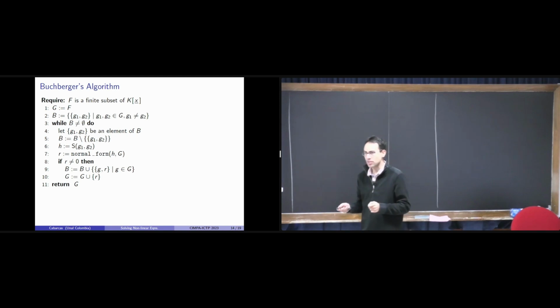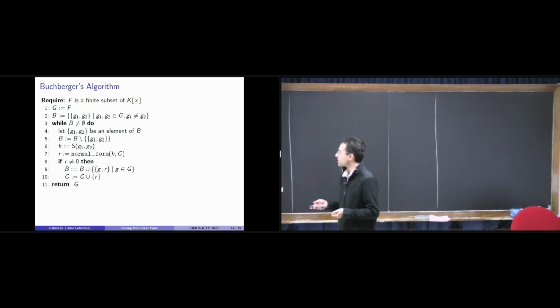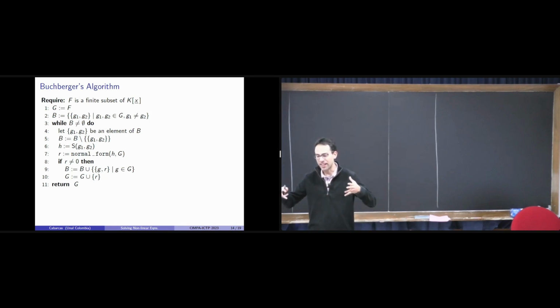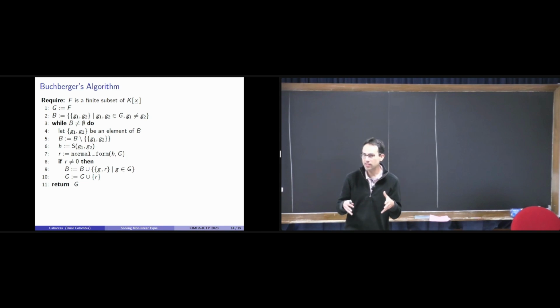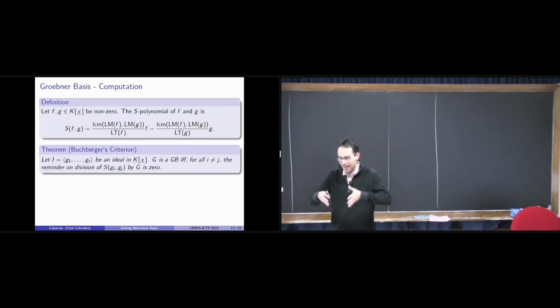It's not hard to see why this algorithm will eventually find a Groebner basis. For one, every time we increase the size of the basis, we get a larger ideal of leading terms generated by the GIs. And since the ring is Noetherian, that cannot go on forever.